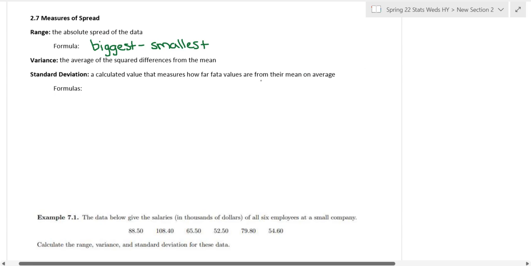Okay, so I like to say for standard deviation, it's like a give or take. You might pick up a newspaper article and it's like the average length of stay for COVID patients is 2.8 days in the hospital or something like that, right? Well, that's average, but you guys know that averages can be skewed by a lot of different things and not everybody's going to be the average.